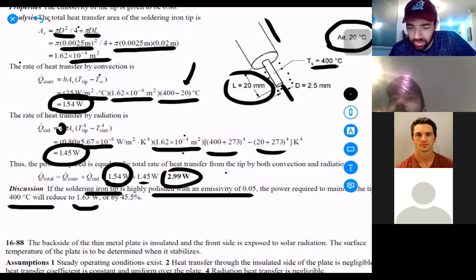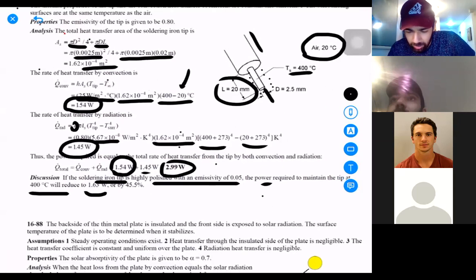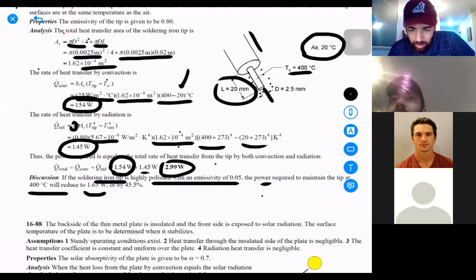But so far what I've seen in most cases, the convection term is much higher. For example, think you have a hot rod, and you intend to keep the surface temperature of it at a specified amount.